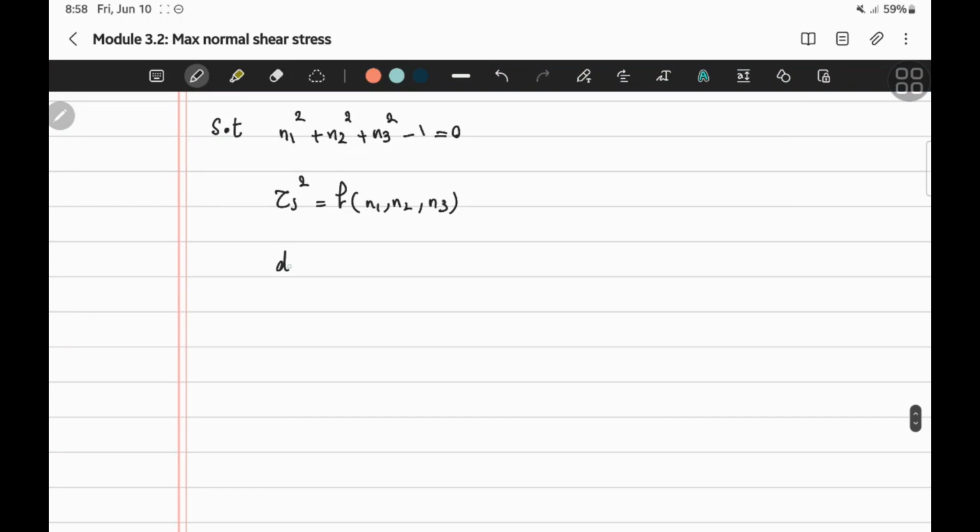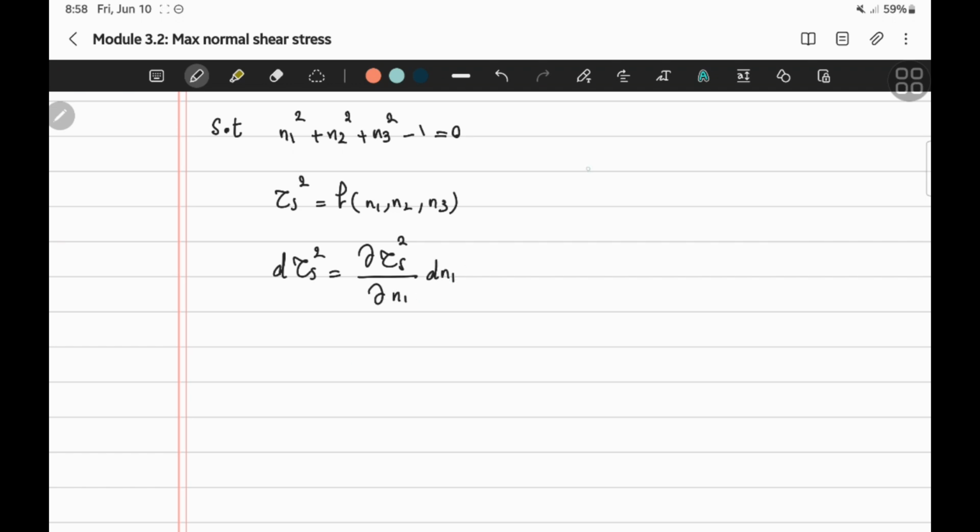If you want to calculate the derivative of tau s squared, since this is a multivariable function, we have to use the partial derivative. So we have the partial derivative of tau s squared with respect to n1, dn1.